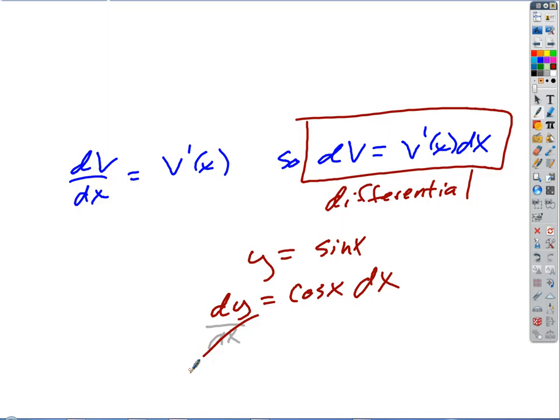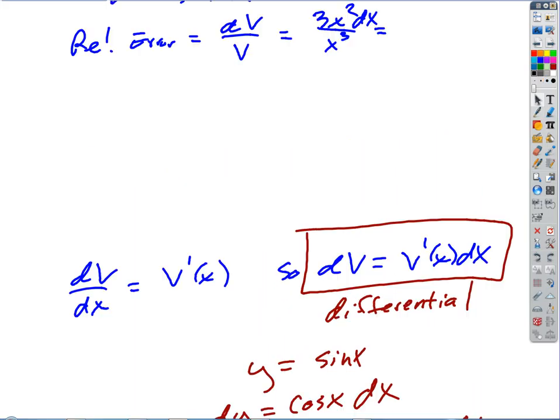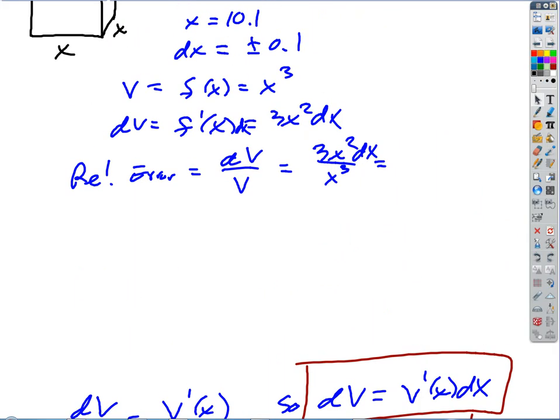So the differential form of the derivative of sine x is cosine x dx. There's nothing hard about that. All you're doing is multiplying both sides by dx. It's nothing new, so we just call it a differential.